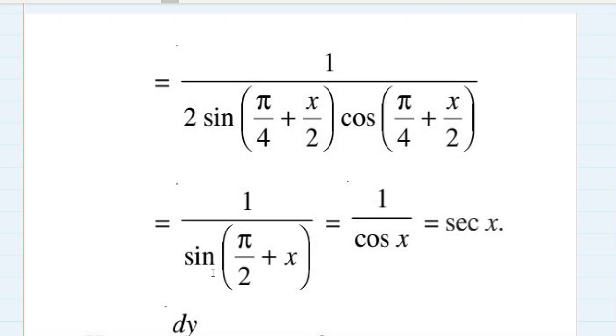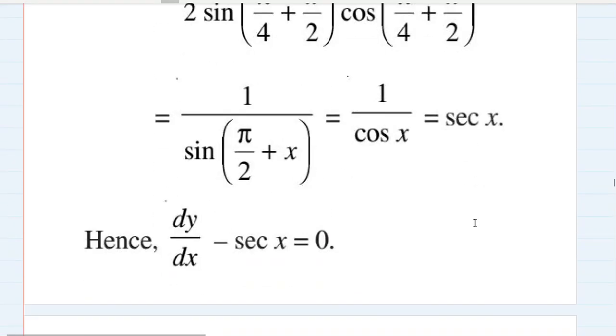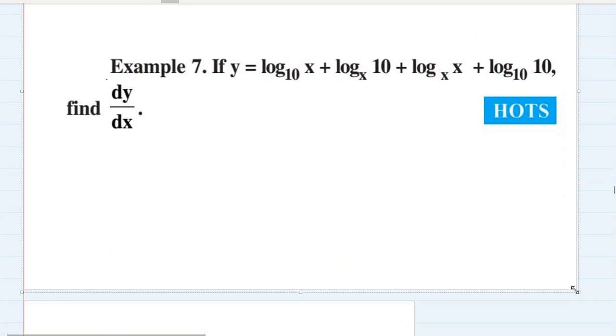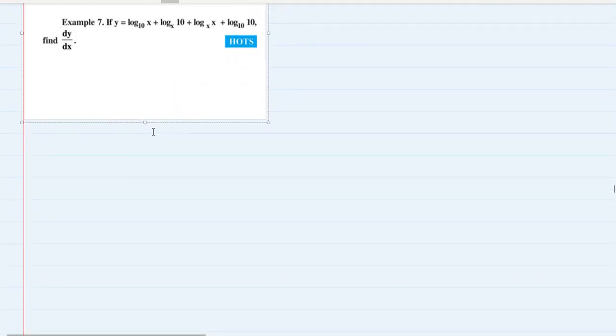That's why I wondered how this became double. So this is that 2 sine theta cos theta formula, which is sine 2 theta, which is sine of (90 plus theta), which is cos theta. So 1 upon cos theta is sec theta. So, easy question. Chalo, next one. This is also simple. Although it is hot, it is not difficult.